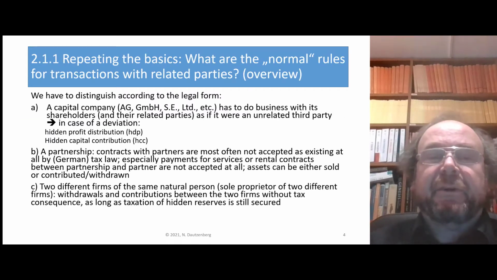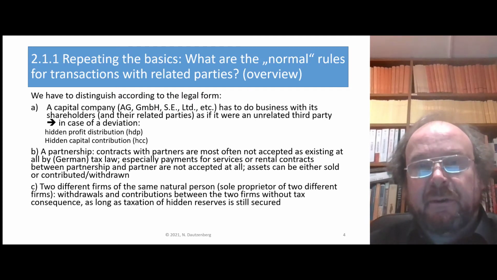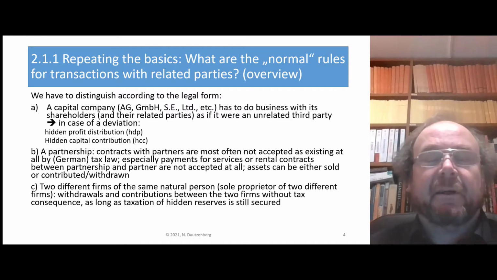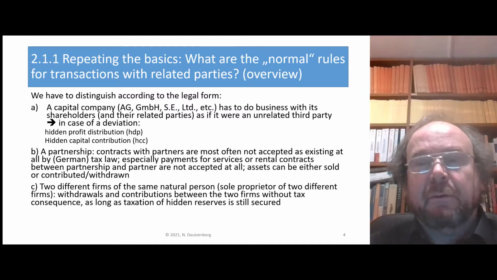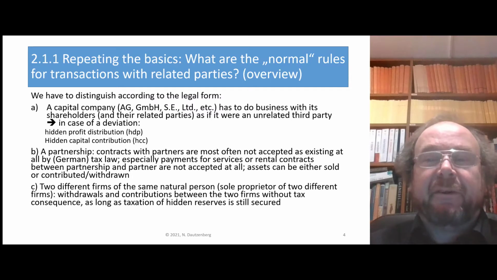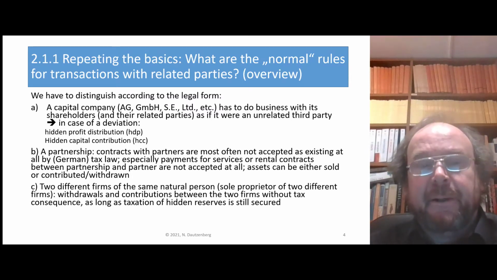So the first thing we should do is just repeat basics, because my experience is usually basics are some time ago, and it's better to see the specific rules in the contents of the basics again. So what are the normal rules for transactions with related parties?